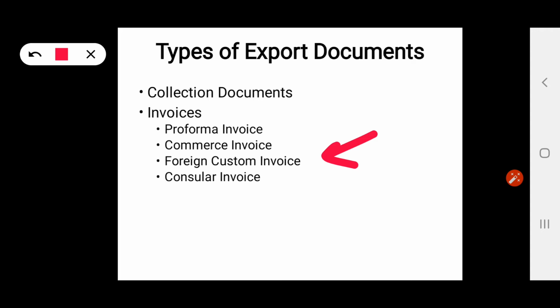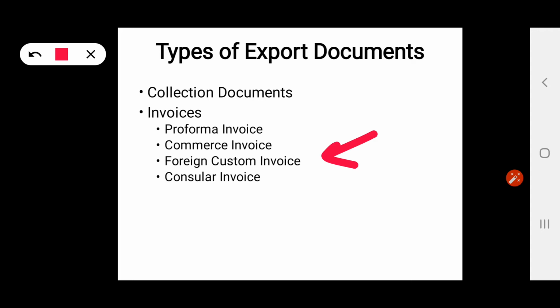It is an invoice which is required by the custom authorities in certain countries, not by all the countries. Sometimes the custom authorities may not recognize the commercial invoice for their requirement purposes.